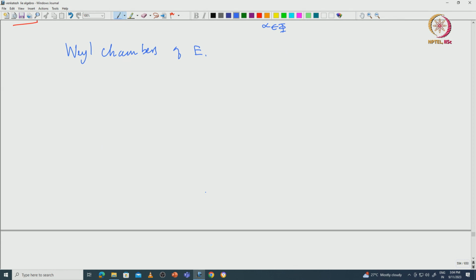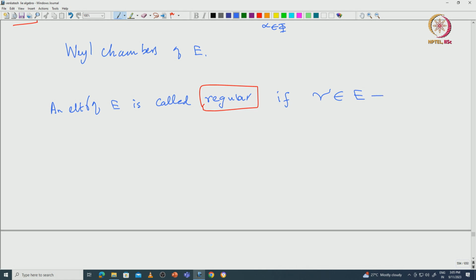The elements of E difference union P alpha will be called regular elements. An element gamma of E is called regular if this gamma lies inside E difference union P alpha, alpha in phi.